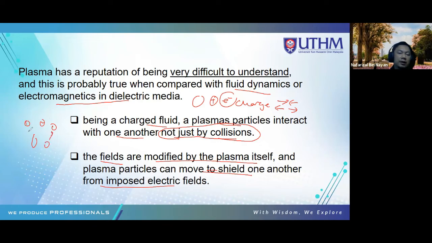If you have a chamber with a gas, it's much easier. But here you have electrons and positive ions moving around, and these reactions make it much more complex.